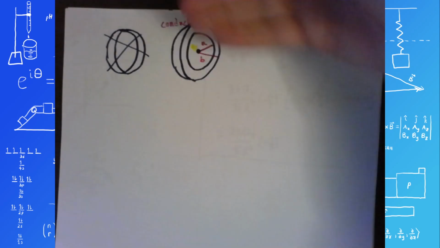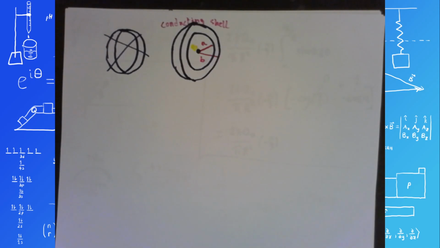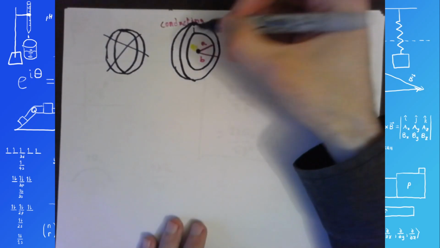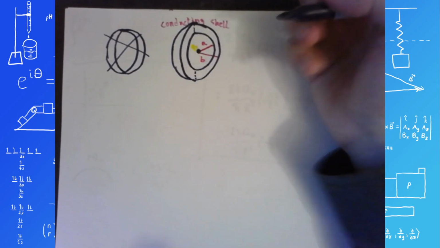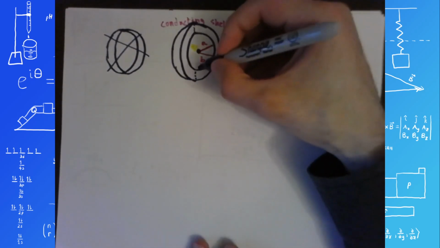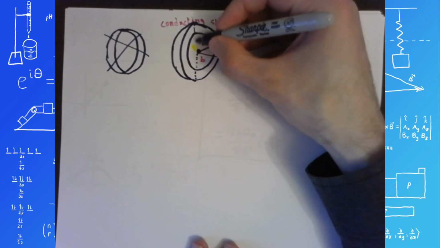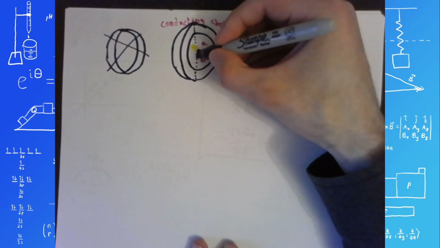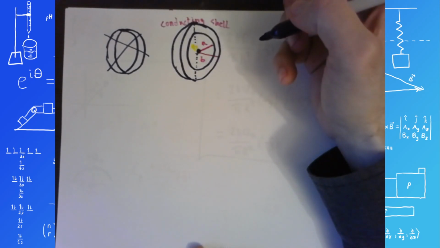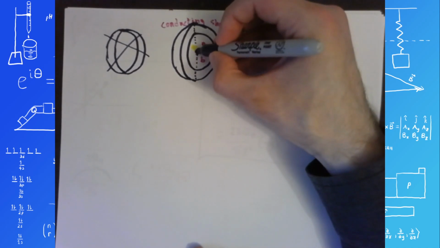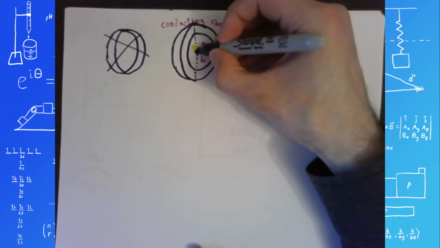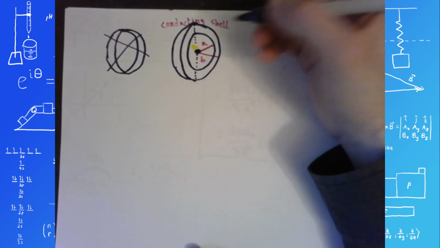So essentially what I've done is I'm showing you like a slice of it. Maybe it would help if I drew a faint line there. Oh, I did not draw this too well, did I? Yeah, the center is a little bit off.